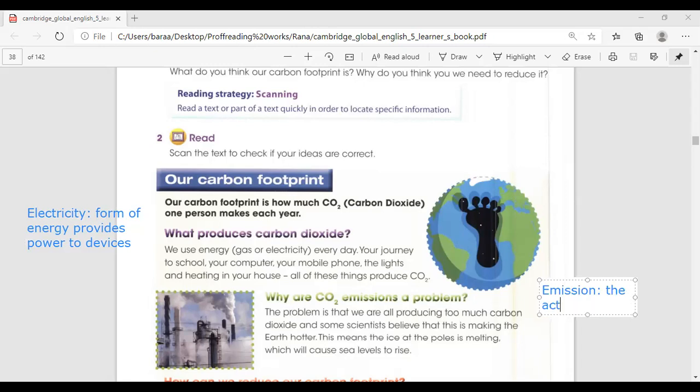The act of sending out gas. Okay, so this is the emission process.